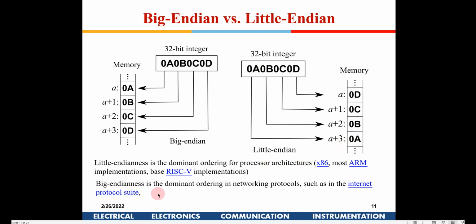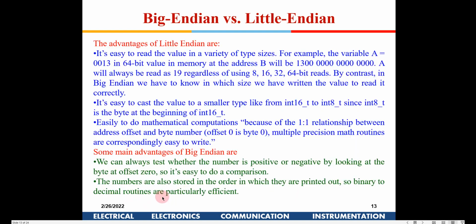So most of the processors, the modern day processors, use Little-Endian. There are certain advantages of using Little-Endian. Only in networking requirements is Big-Endianness used, right?